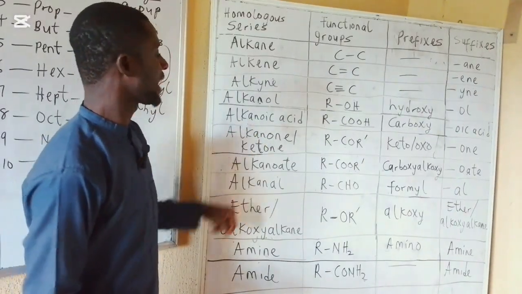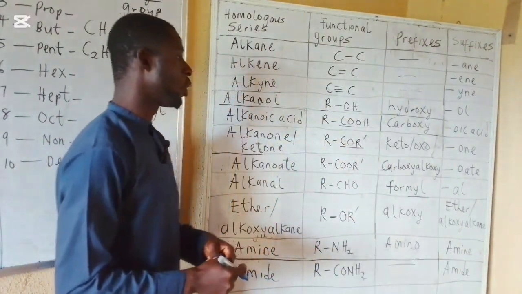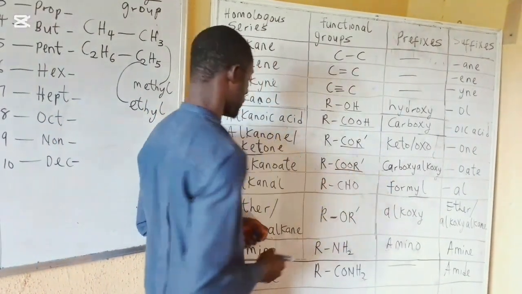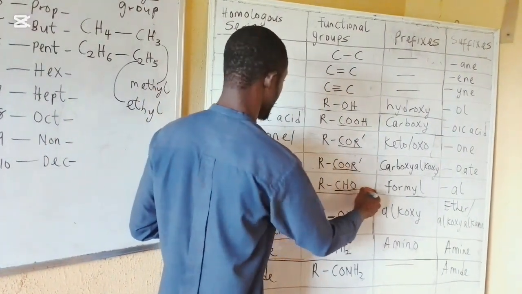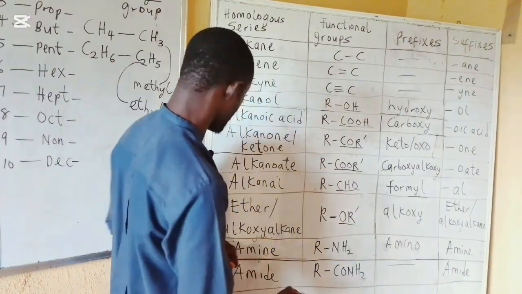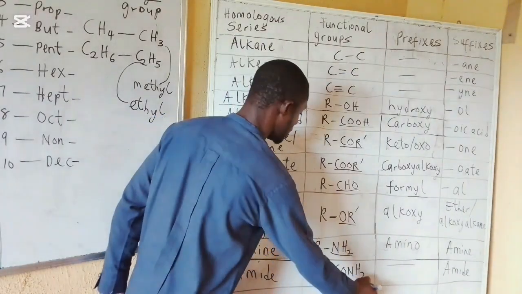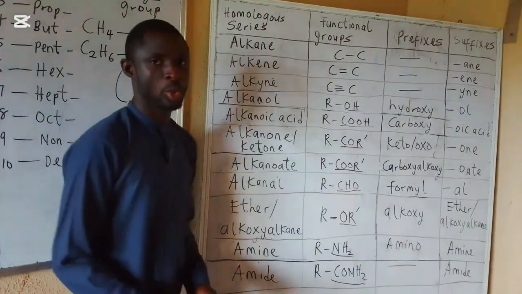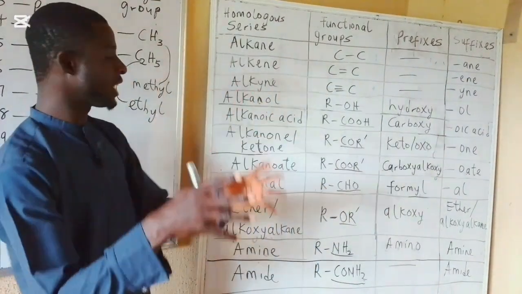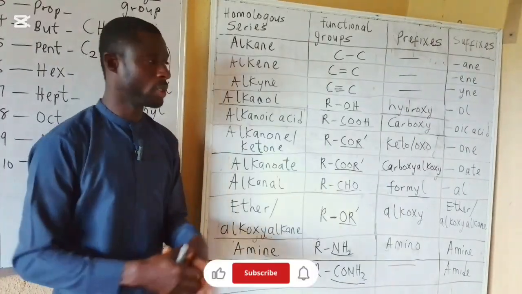For alkanoic acid it is COOH. For alkanone, the functional group is COR prime. For alkanoate, COOR prime. For alkanal, CHO. For ether, OR. For amine, NH2. And for amide, CONH2. So when you spot this functional group in an organic compound, that organic compound belongs to this homologous series.